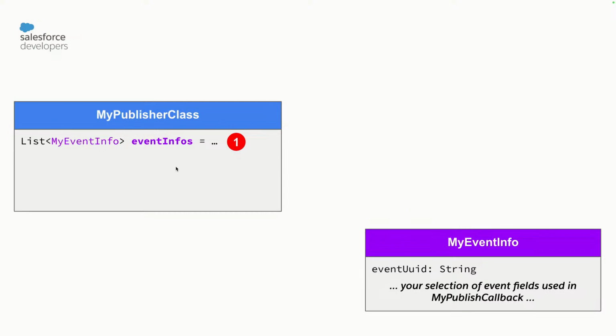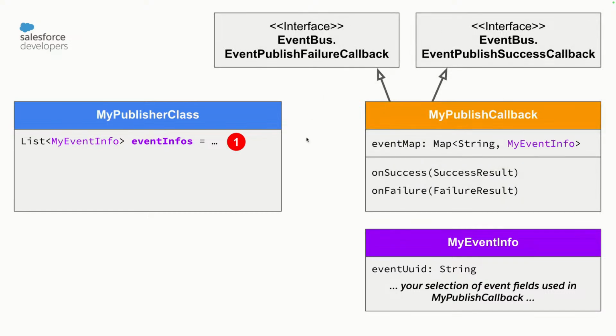All right, so in the publisher event class, before we even publish our events, we prepare this list of event info objects. Then we prepare our publish callback. So here, the implementation of our custom publish callback is the following. We are writing a custom class, and this custom class needs to implement two interfaces. And I said actually need. It's not actually need. It's more like can or should. You have the choice to implement one or the other.